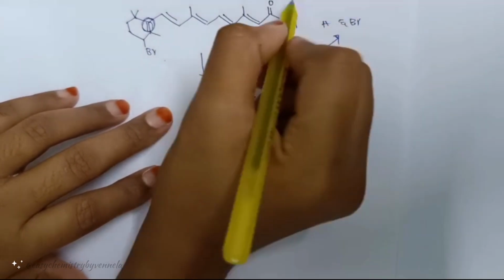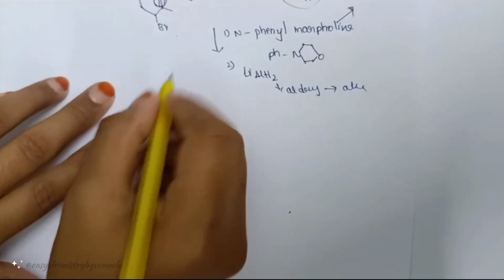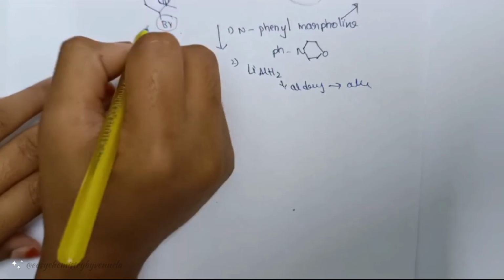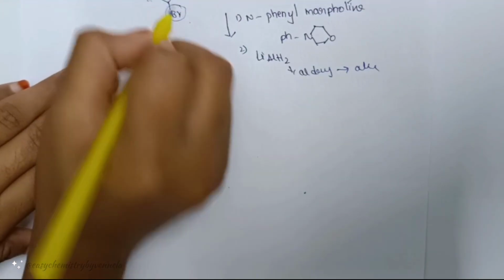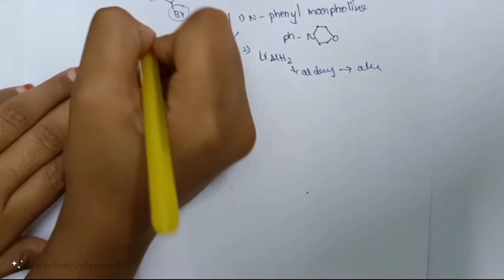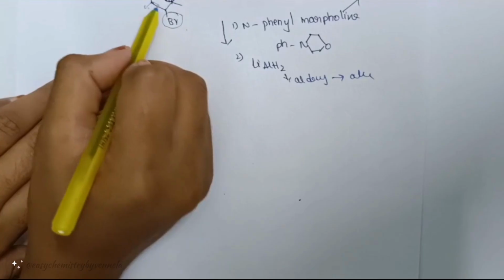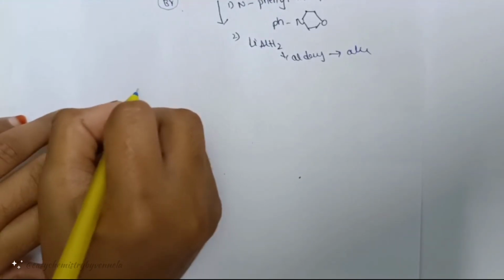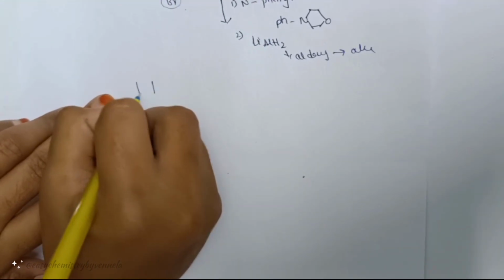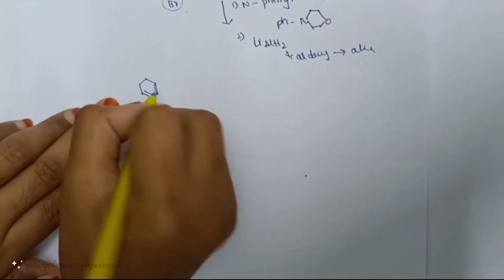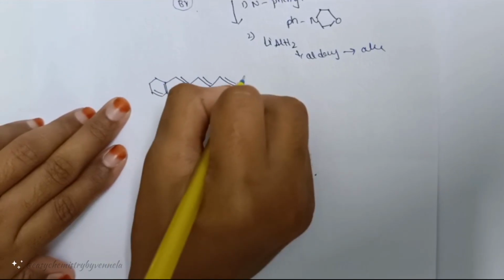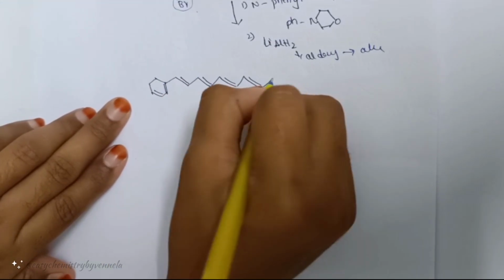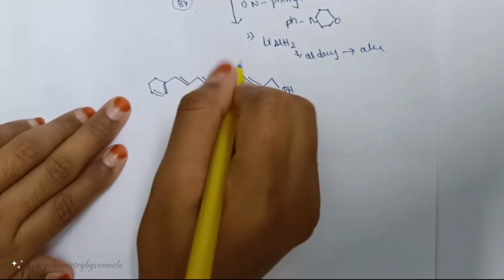This aldehyde. Removal of bromine, here removal of bromine and here one hydrogen. So it can form a double bond. So double bond here. So finally it forms a hydroxy group.